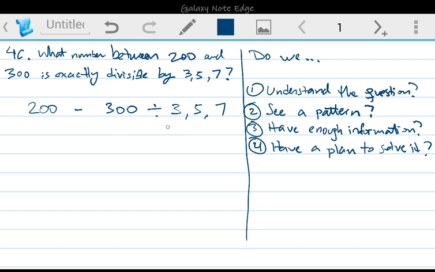Okay, it needs to meet these qualifications, and when we divide this number by 3 or 5 or by 7, we don't get a fraction, we want to get a whole number.